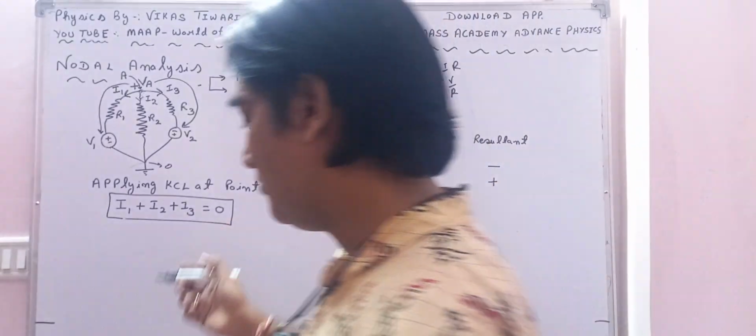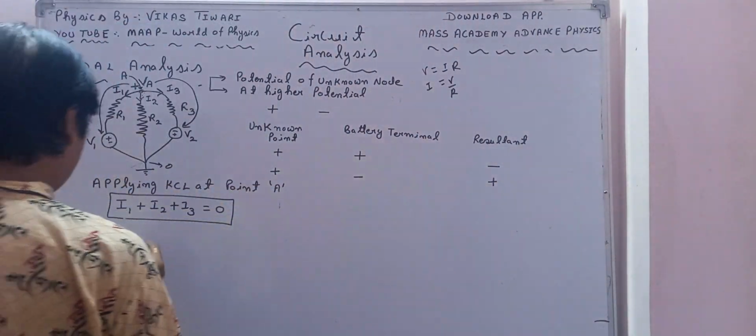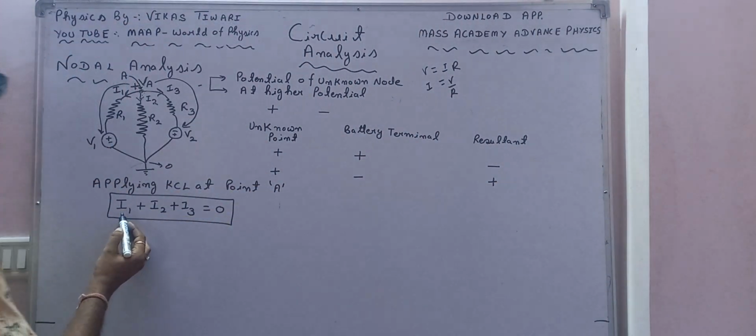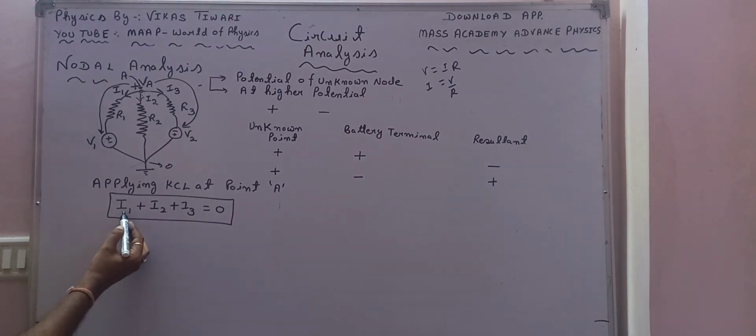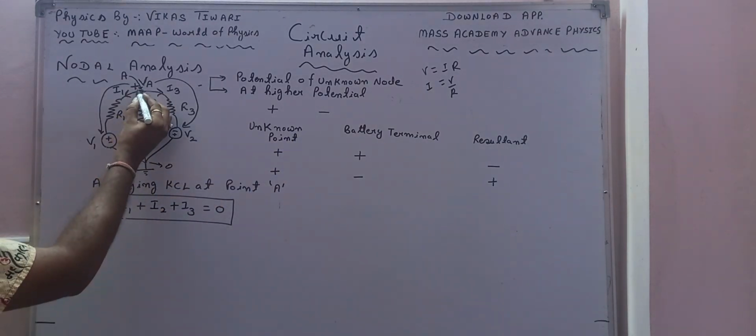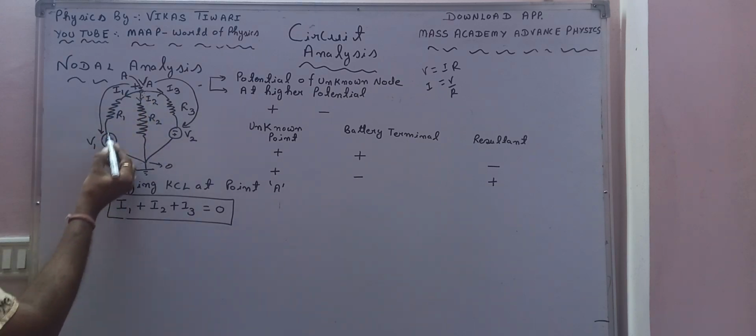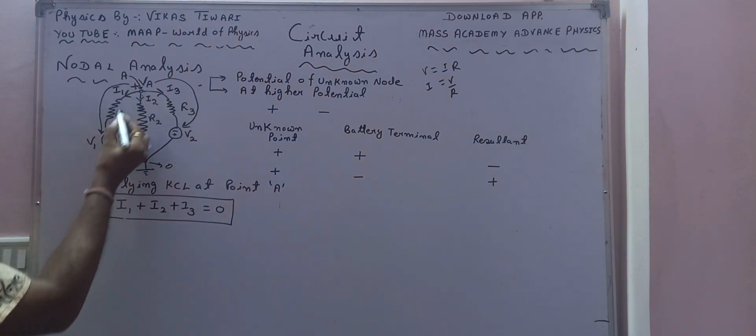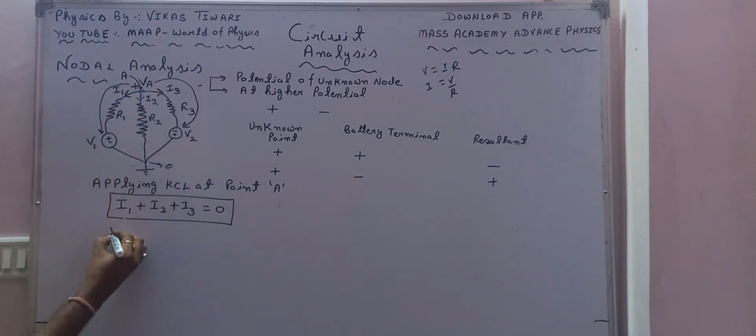So here I am just converting this current I1 into voltage, using this particular rule set. What is the value? This is the plus voltage. Whenever the plus voltage faces the plus, the voltage between these two points is taken as the resultant, as negative: VA minus V1.